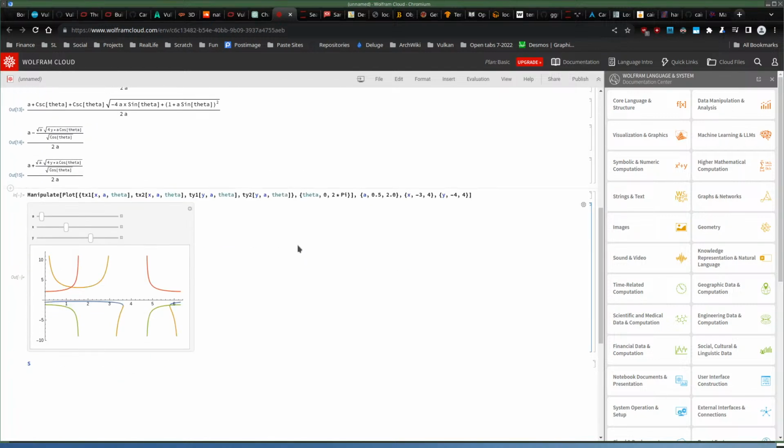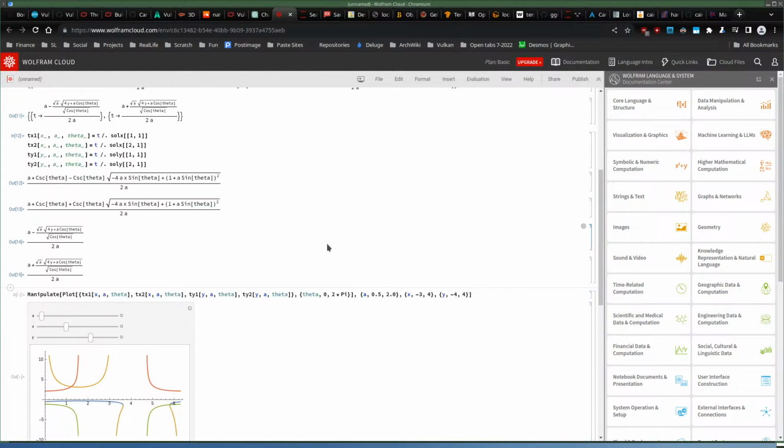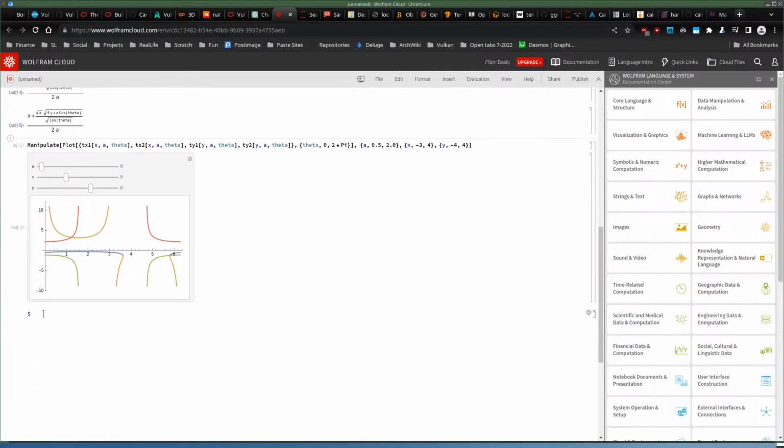Okay, so what was I going to do? Yeah, I was saying that I want to simplify that. Ah, right, that's why the S is still there. Simplify. Can I click this?